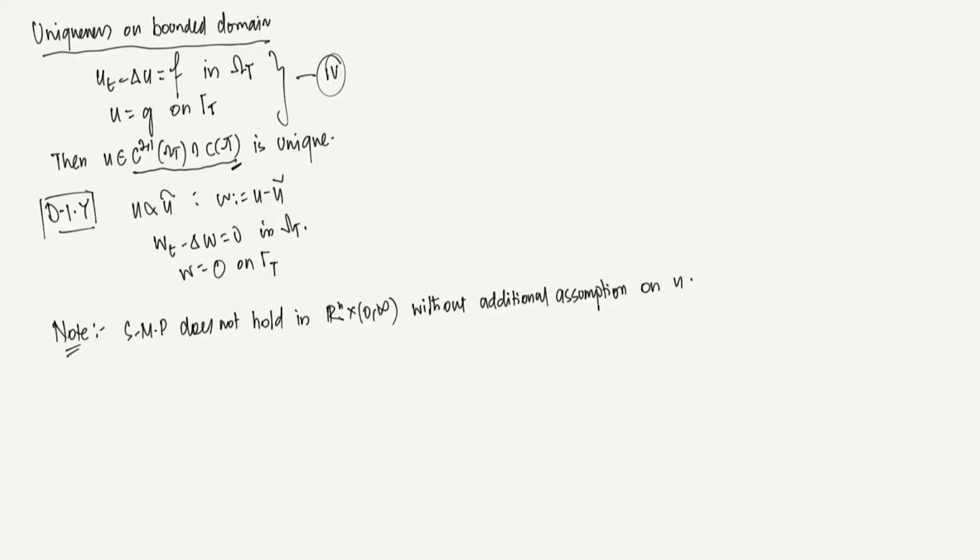There is another small note which I want you to know. This is very, very important. Consider u_t minus Laplacian of u equals 0 in R^n cross (0, T), and u equals 0 on R^n cross t equals 0. Of course u equals 0 is always a solution.